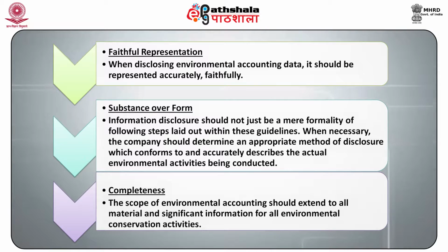3. Faithful representation. When disclosing environmental accounting, it should be represented accurately and faithfully. Substance over form. Information disclosure should not just be a mere formality or following steps laid down within these guidelines. When necessary, the company should determine an appropriate method of disclosure which conforms to and accurately describes the actual environmental activities being conducted.